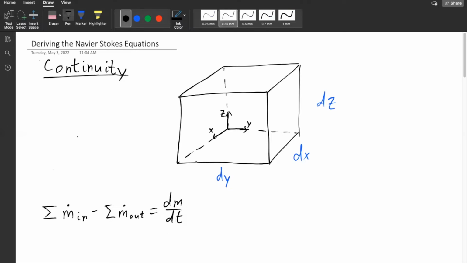So since we're in 3 dimensions, this will have 3 components. So let's focus on the x direction first.